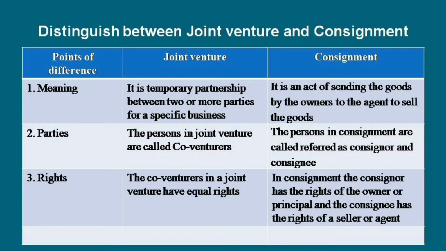Rights with regard to the parties. In a joint venture, the co-venturers have equal rights, whereas in consignment, the consignor has the right of the owner or principal and the consignee has the rights of a seller or agent.